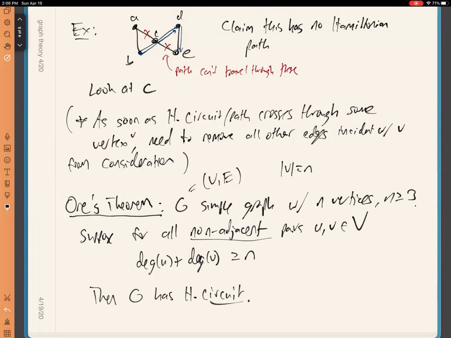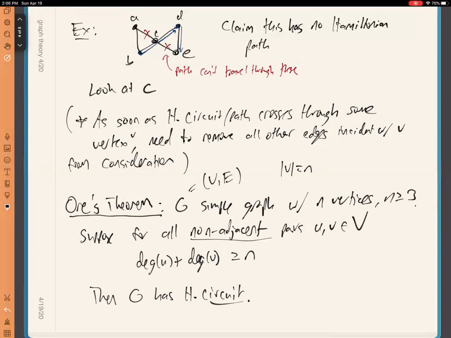So this is at least one criterion, which is much more complicated than in the setting of Euler circuits. In Euler circuits, it's just about whether or not the vertices have even or odd degree, which is a local thing where you just look at each vertex individually. This involves more complicated interactions between the different vertices, which are in particular not adjacent to one another.